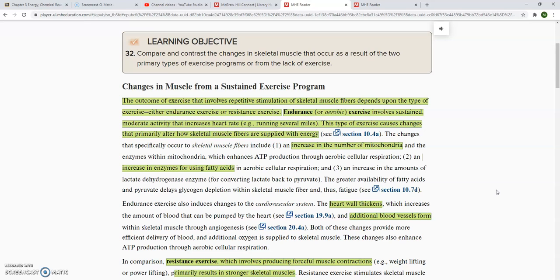And so depending on which one you're doing, or if you're doing both, you'll have different changes in your skeletal muscles. So the endurance, they also sometimes call it aerobic exercise. That's kind of like when you're running. Anytime you do some moderate activity that increases your heart rate, they call that aerobic or endurance exercises.